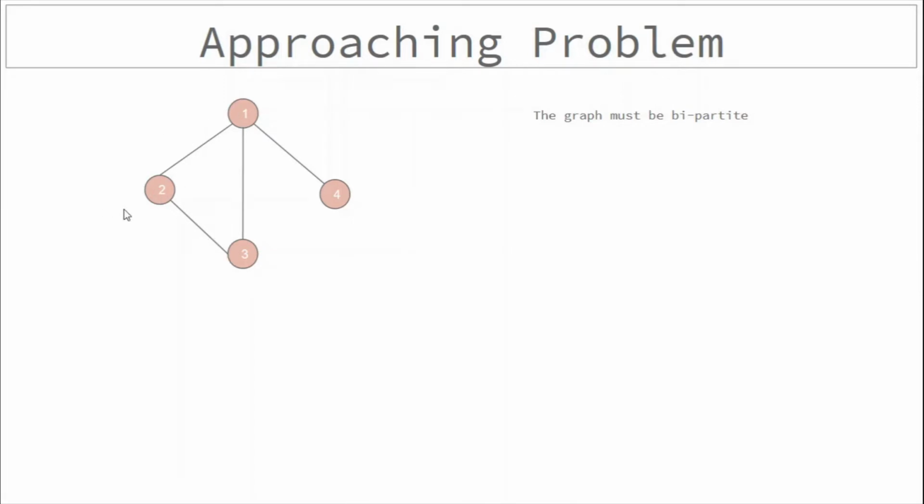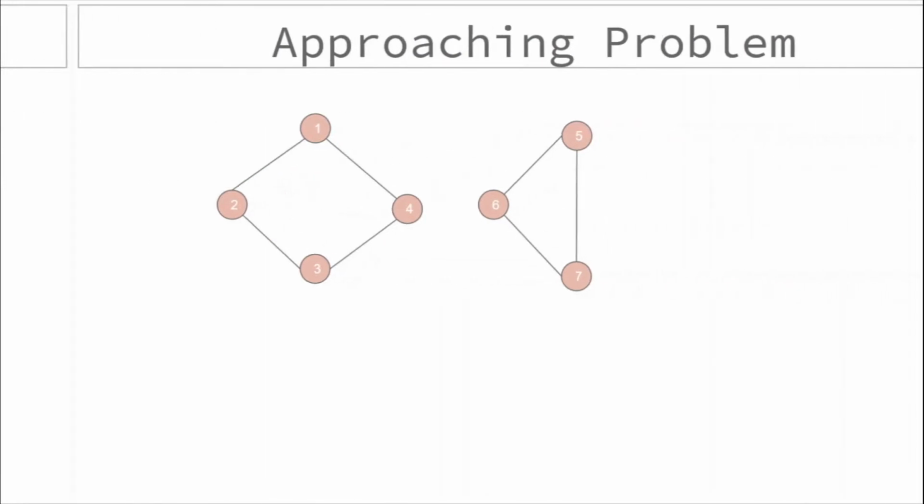This graph, as you can see, contains an odd length cycle, which means the graph is not bipartite. That is why there are 0 ways to fill this graph as well. So the first condition that we have to check is that the graph must be bipartite for the answer to exist, otherwise the result is 0.